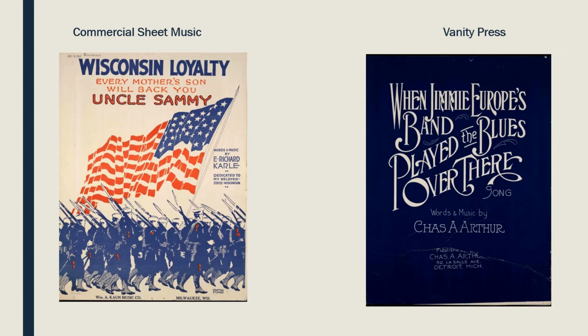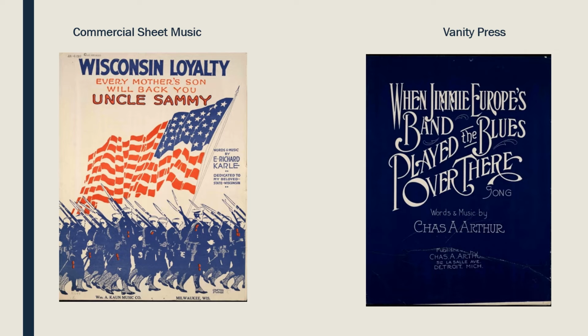The vanity press ones are a little bit easier to notice because if you take a look at the right, it says words and music by Chaz A. Arthur, and then it also says published by Chaz A. Arthur. So those are the two differences. They both give contextual historical information and a little bit more insight into who is publishing these different types of music.